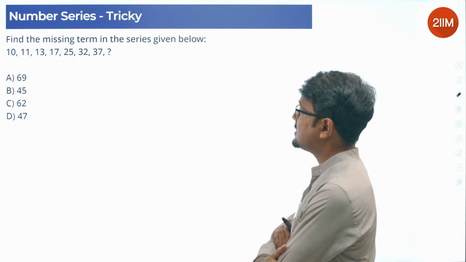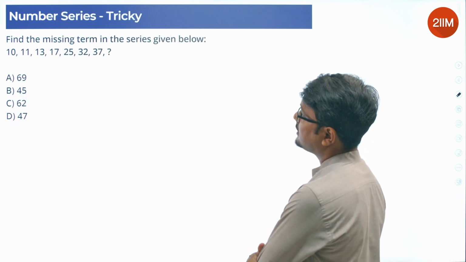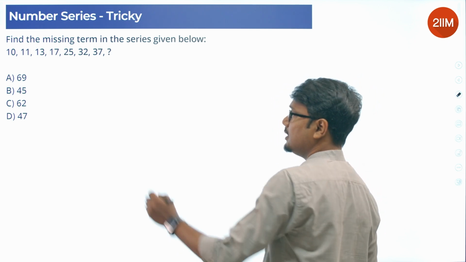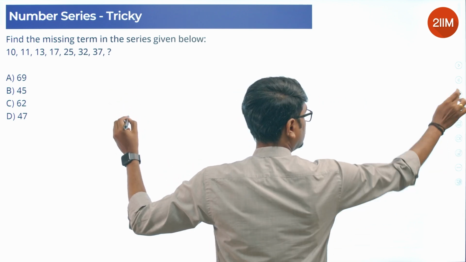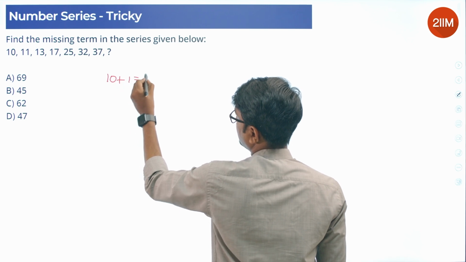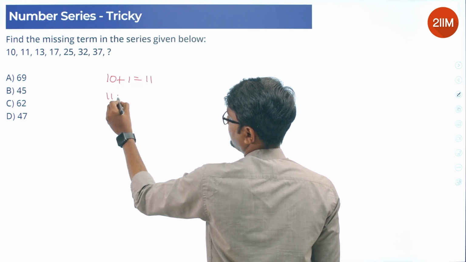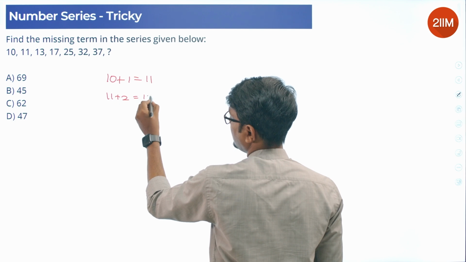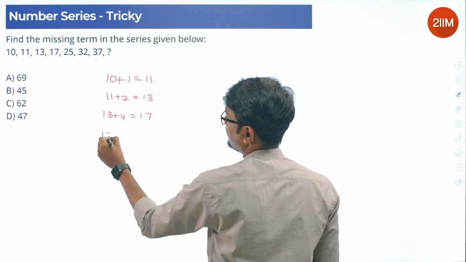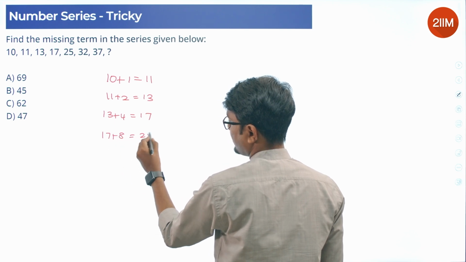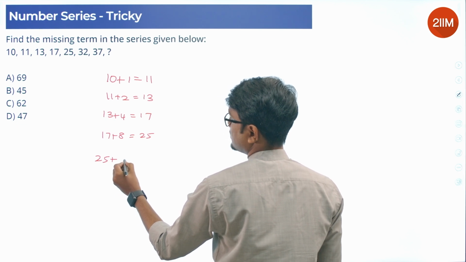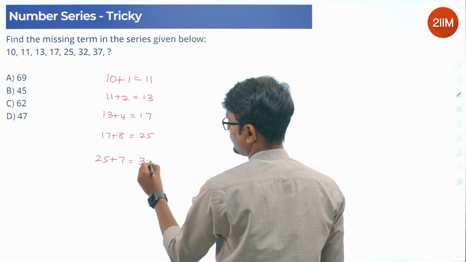Find the missing term in the series given below: 10, 11, 13, 17, 25, 32, 37. We'll check it out. So 10 plus 1, 11, 11 plus 2, 13, 13 plus 4, 17, 17 plus 8, 25, 25 plus 7 will give you 32.